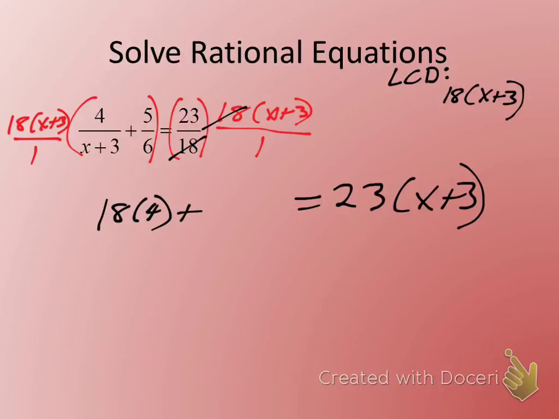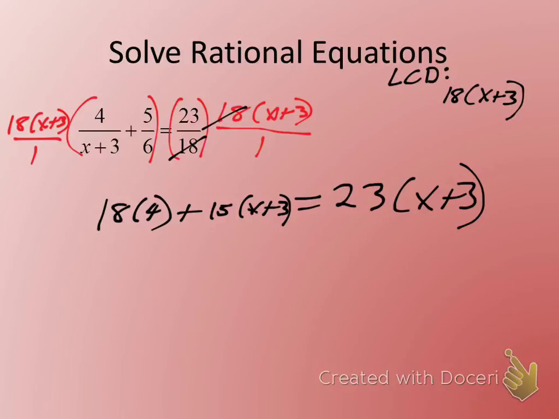My next sign is plus. Same way, I know this 18 times x plus 3 is going to be times 5, and it's over 6. So I know 6 goes into 18 3 times, and the 3 that's left times this 5 is 15 times the x plus 3 from there. And from there, once you have a linear equation, you just distribute, multiply, and solve it.